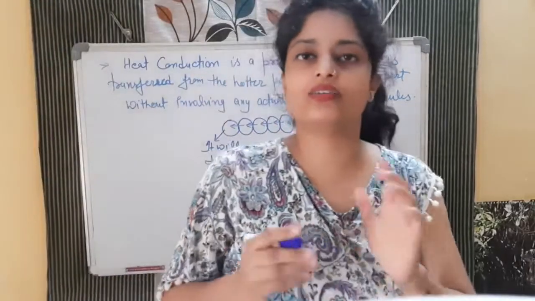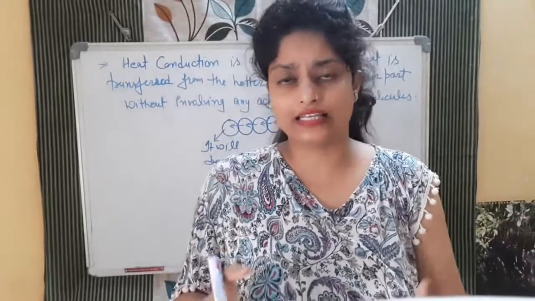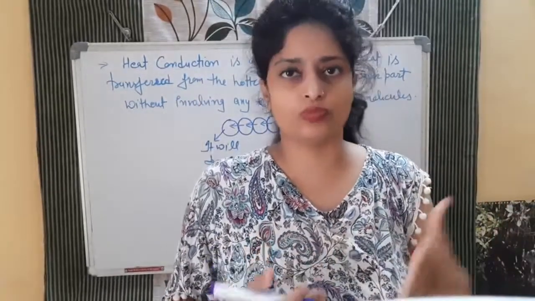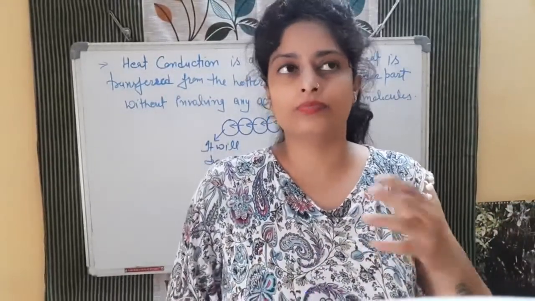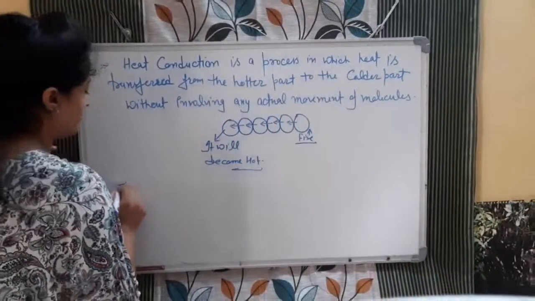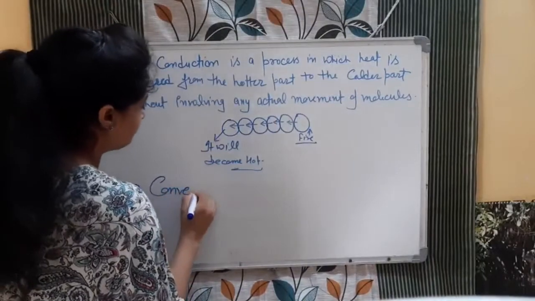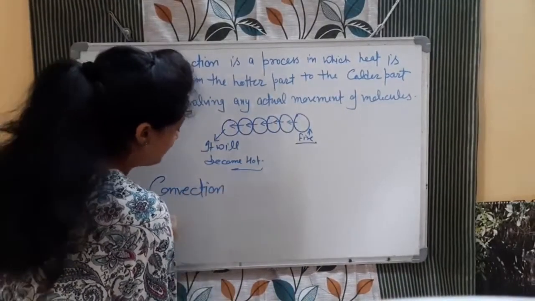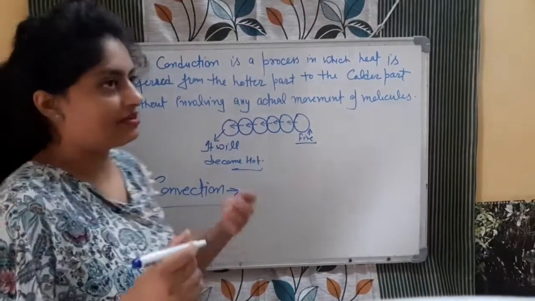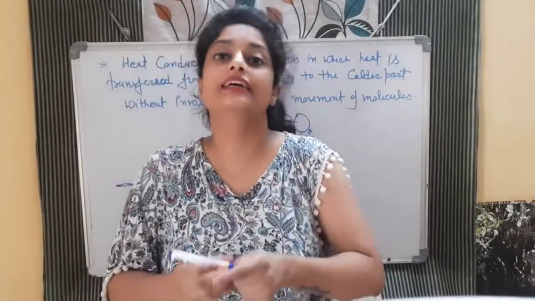In the second method, which generally happens in liquids and fluids, fluids में क्या आता है? Liquids and gases both. In that case the method of transfer of heat is known as convection. In this case there is partial movement of the molecules.